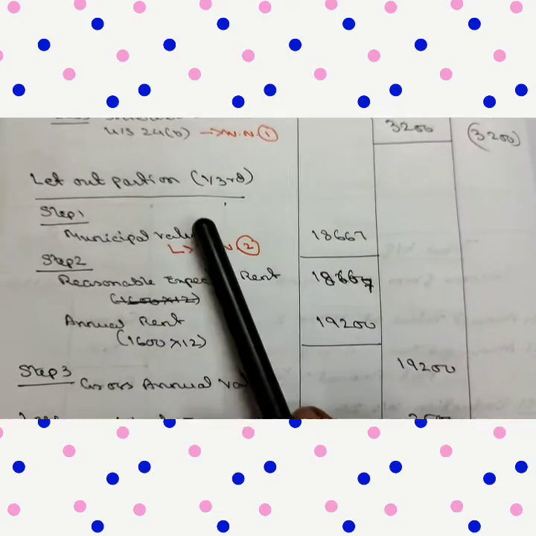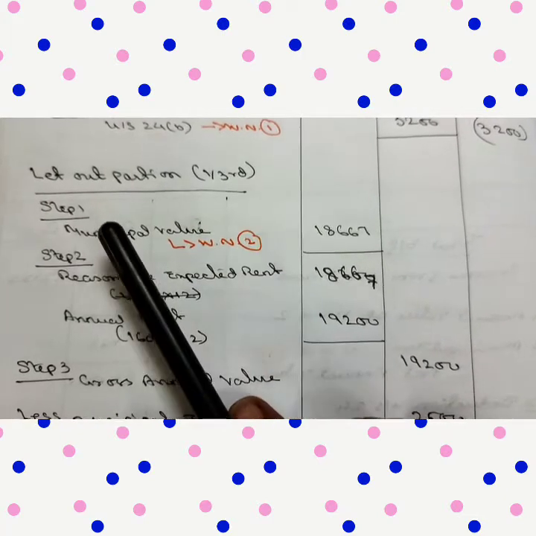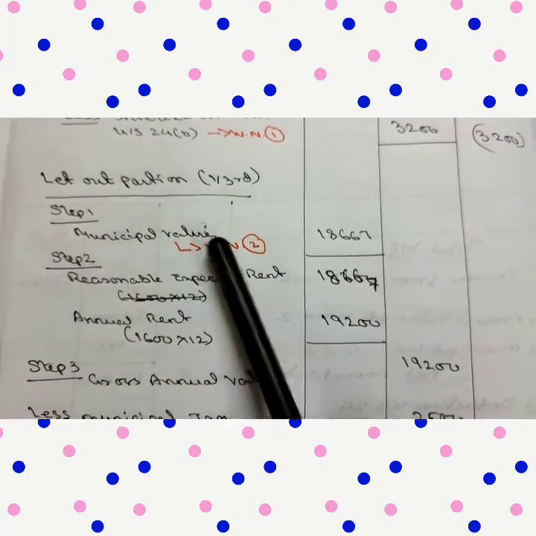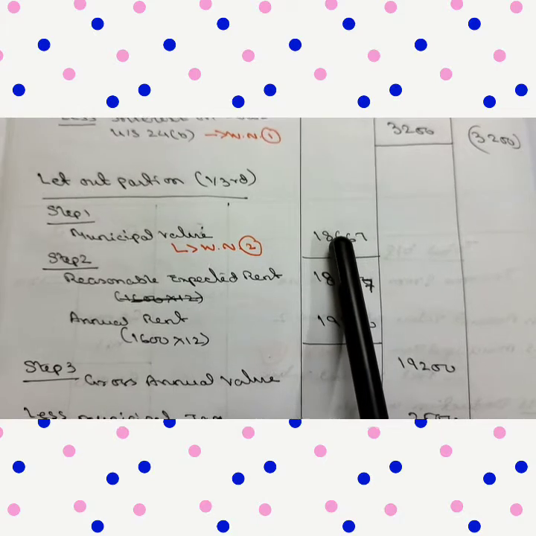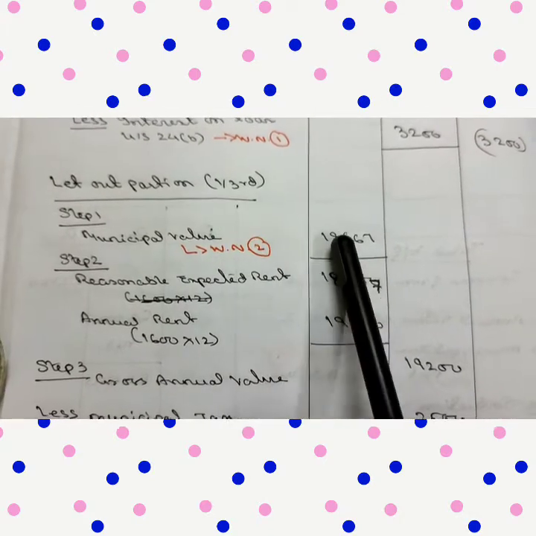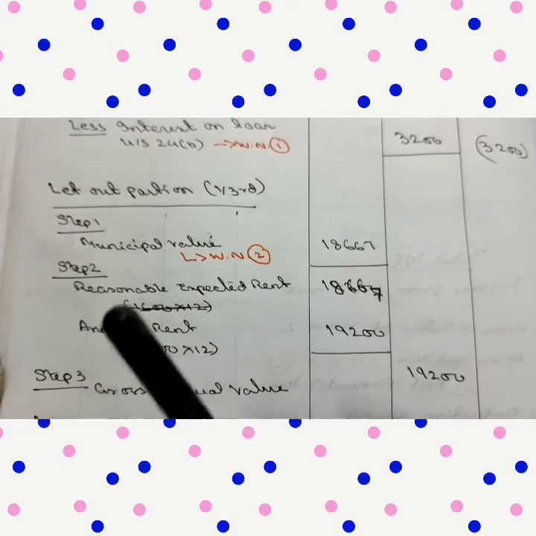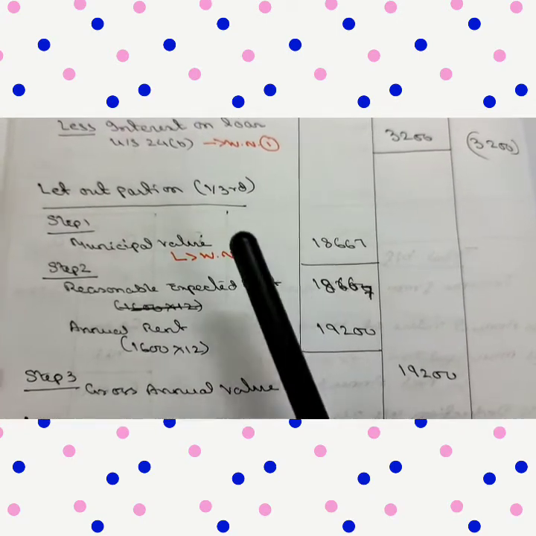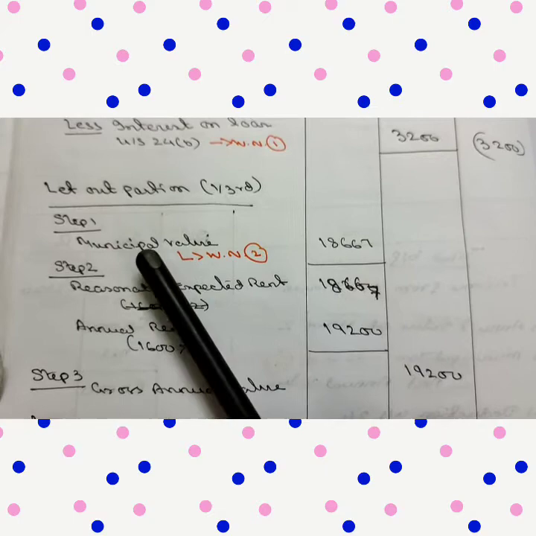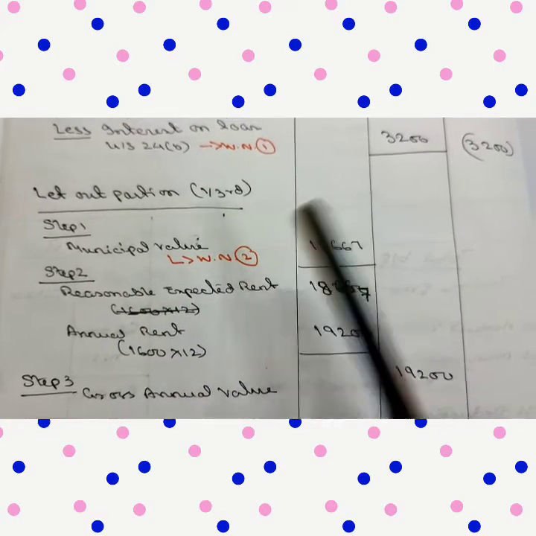Another is the let out portion, that is 1/3. In case of step 1, municipal value, you have to calculate municipal value for the 1/3 portion. No fair rent, no standard rent is given here. So in step 1 only one amount is there, that is municipal value.